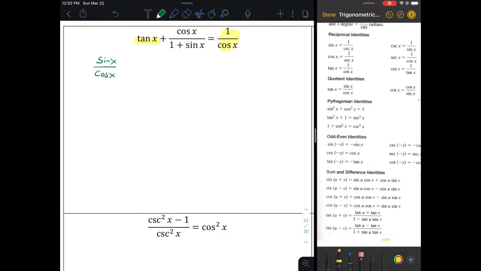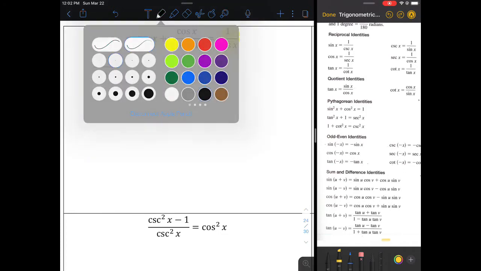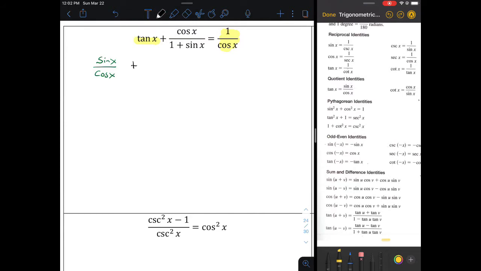And then I have the rest of my problem here, which would be plus cosine of x divided by 1 plus sine x. And I have to think about what my next step would be in terms of how to make this become the right-hand side. Well, my right-hand side is only one fraction, so let's put these functions together by getting common denominators.